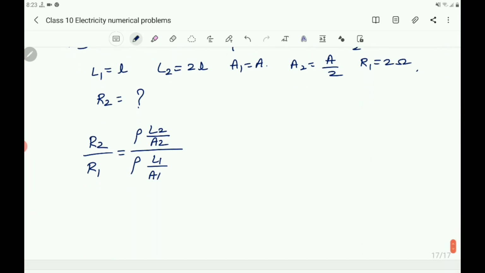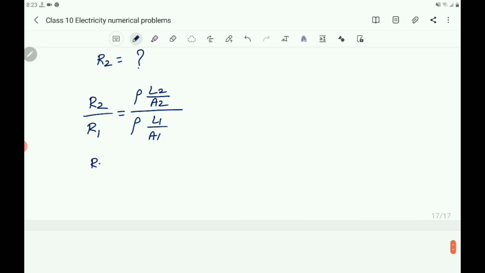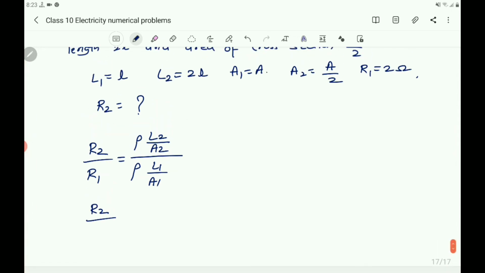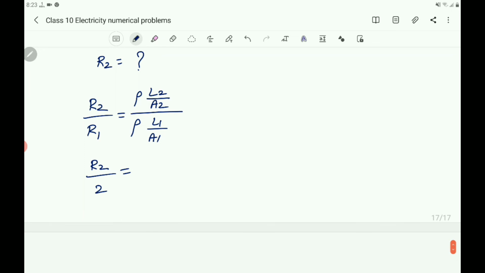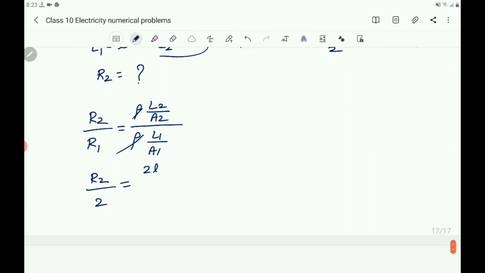This is R2, this is R1. Then R2 by R1 is how much? R1 is 2 ohm, so you write 2. And this resistivity cancels. That is equals to L2 by A2 into A1 by L1, taking the reciprocal.